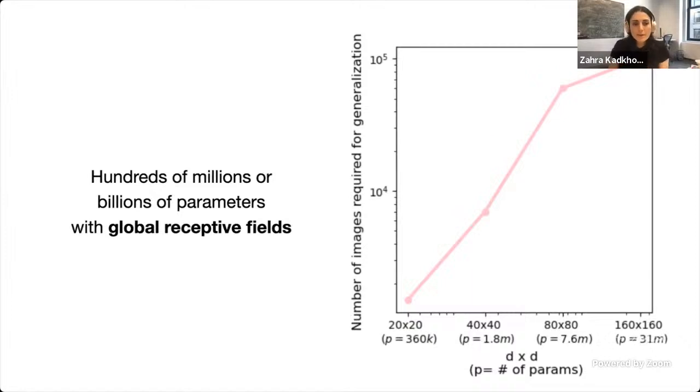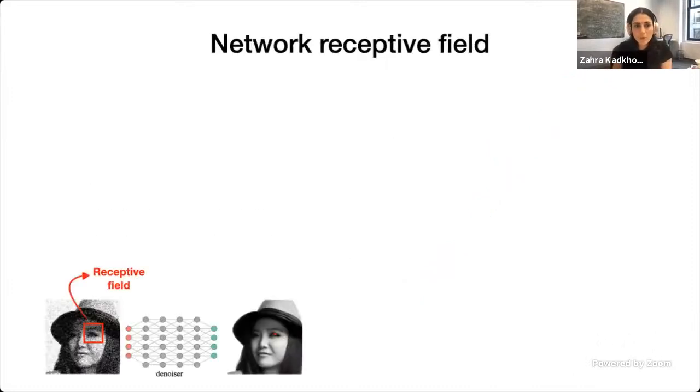One reason that we need larger models in order to generate or train on larger images is that we need global receptive fields. What do I mean by that? In a denoising neural network, each pixel in the output image is computed from a collection of pixels in the input image.